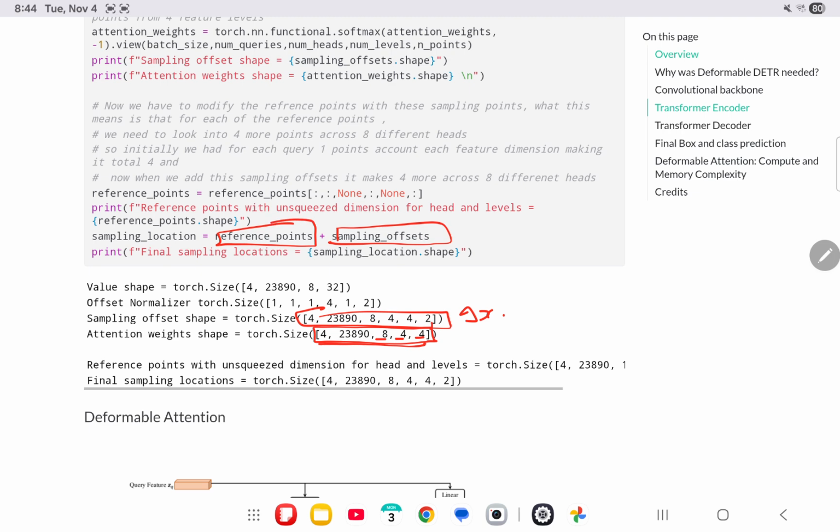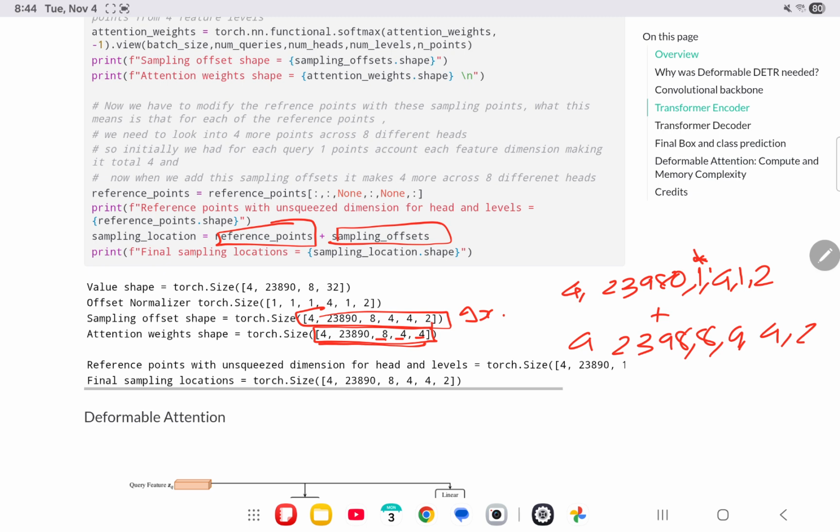The reference points, if you remember, were 23980 comma 4 comma 2. You will have to do some broadcasting, where you squeeze in a dimension and then this gets broadcasted, so you can add this here: 23980 comma 4 comma 4 comma 2. You have to add two dimensions here so that it will get added.